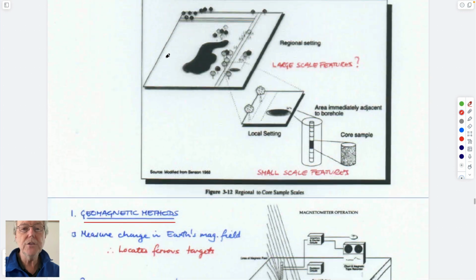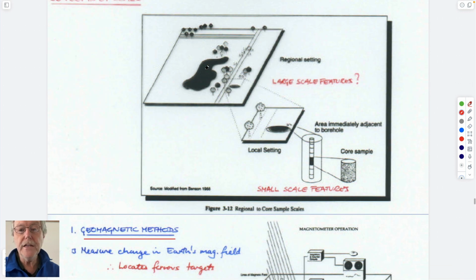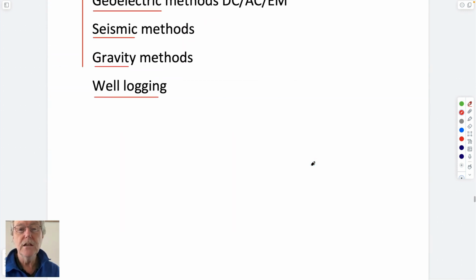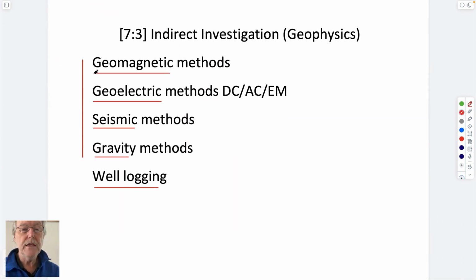So those are the different geophysical proxies that you might want to measure on the surface. And the idea, as we mentioned, was we'd like to be able to fill in on the whole site the behavior of proxies of materials that we can ground truth with boreholes. Those proxies are the magnetic properties of the subsurface material, the conductive or resistive properties, their acoustic properties, their velocity, the speed of sound in rock, or their densities.